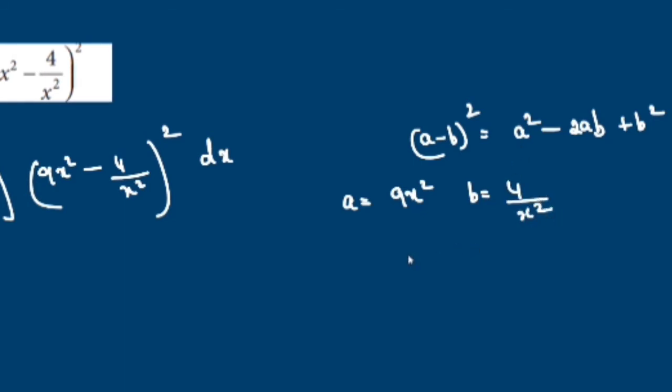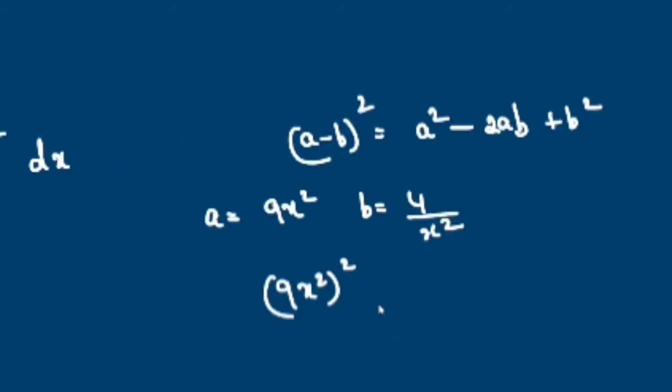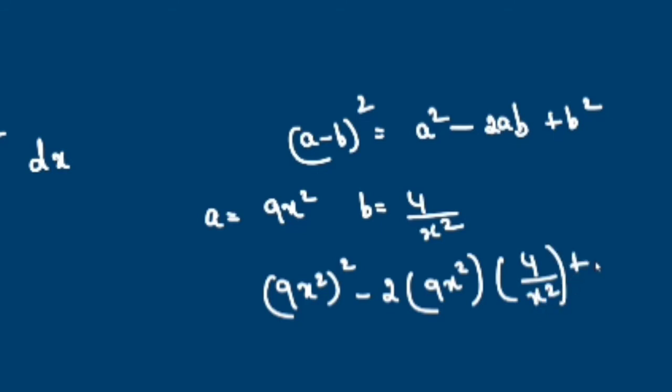So a square will be 9x square the whole square, minus 2 into a, which is 9x square, into b, which is 4 by x square, plus b square, which is 4 by x square the whole square.